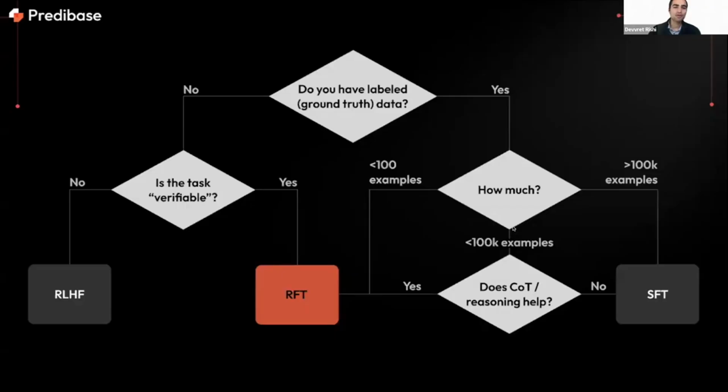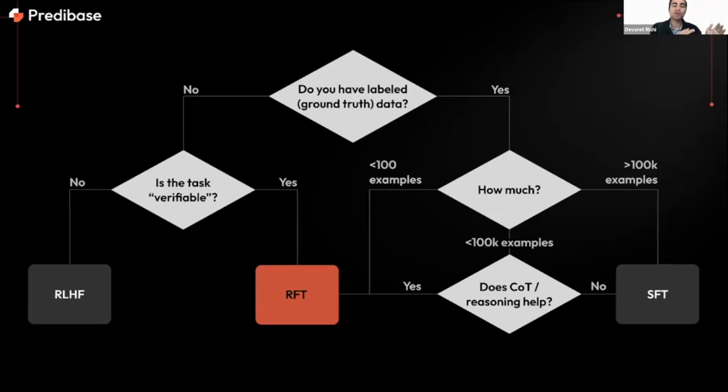We've published a flowchart that also helps you understand the kinds of areas or settings in which you can think about the different types of model customization techniques. Everything from RLHF, reinforcement learning from human feedback, to RFT or supervised fine-tuning. In general, we try to break it down into two types of questions. The first is, how much ground truth or labeled data do you have?